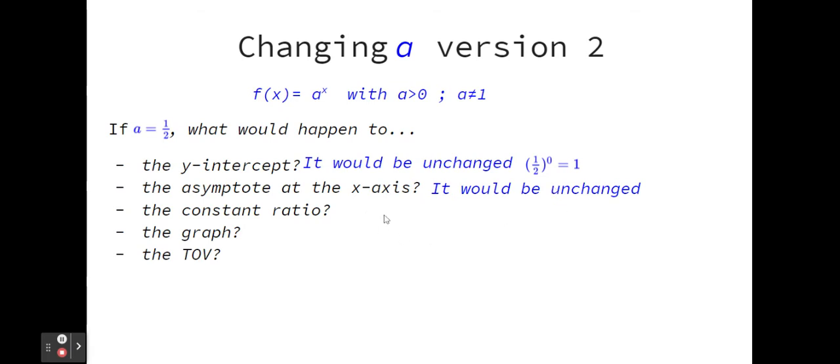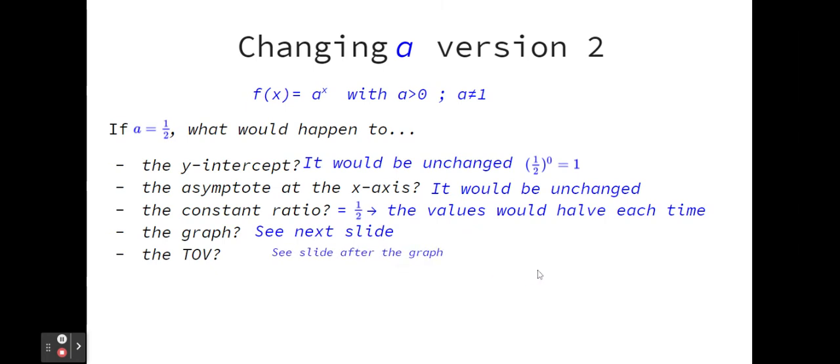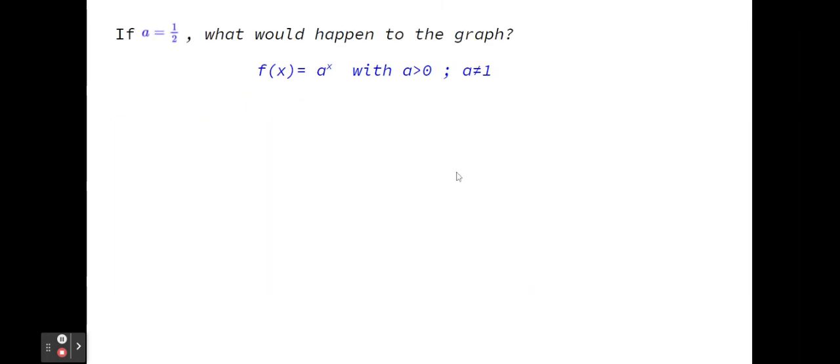So this function is also asymptotic to the x-axis. The constant ratio is now 1/2. So this time the values would halve each time. And we're going to explore what happens to the graph and the table of values in the next 2 slides.